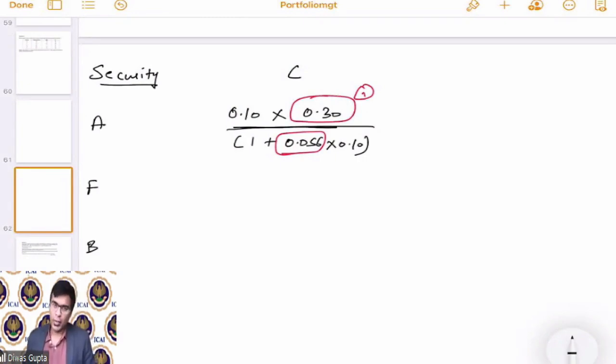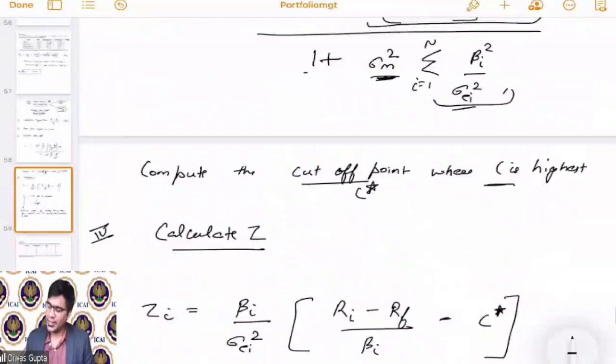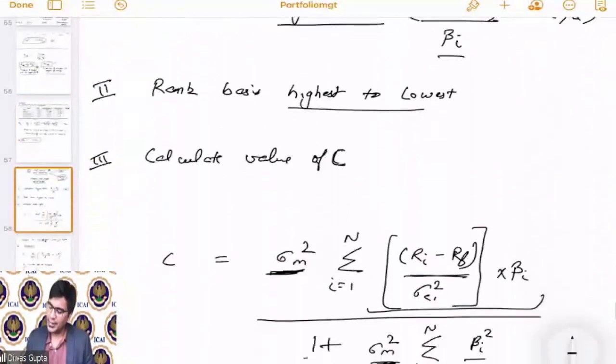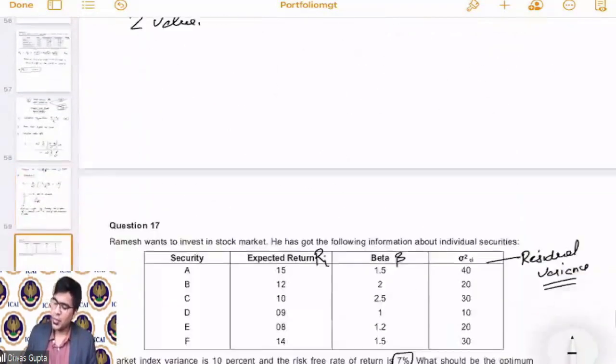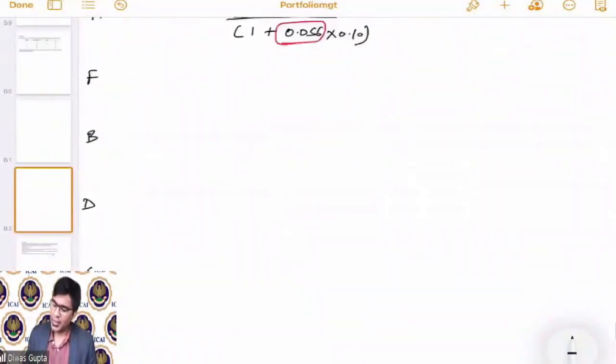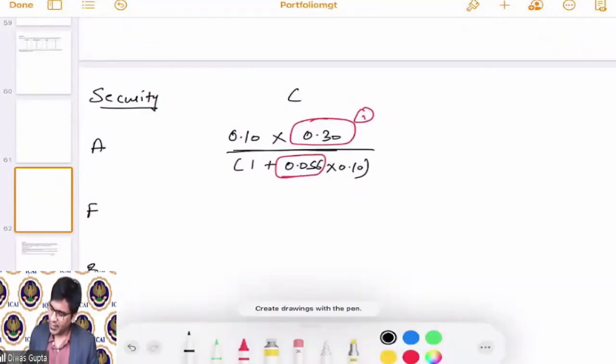So students, please note in this case, one mistake which I also made is that we don't have to use the decimals here. So always put it as an absolute value. Let me correct this.